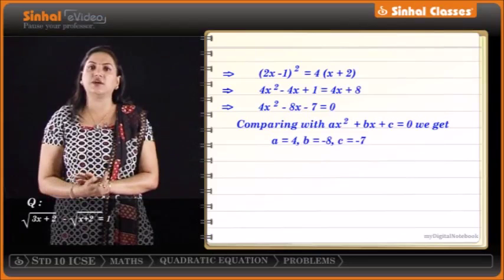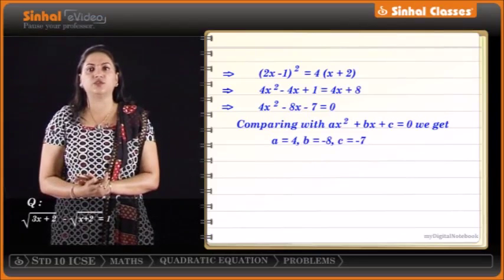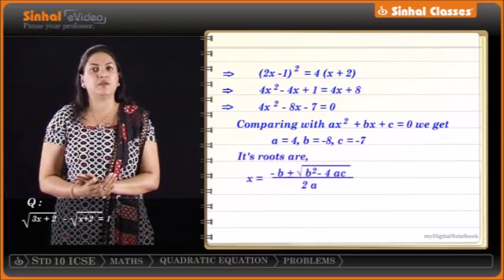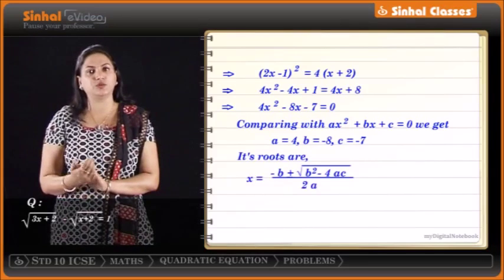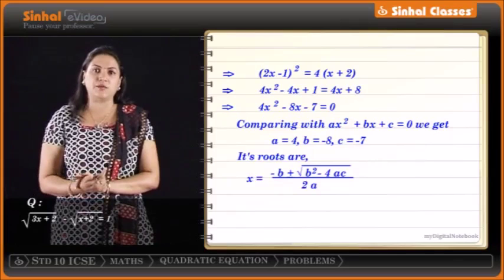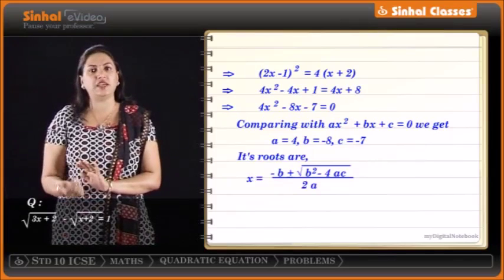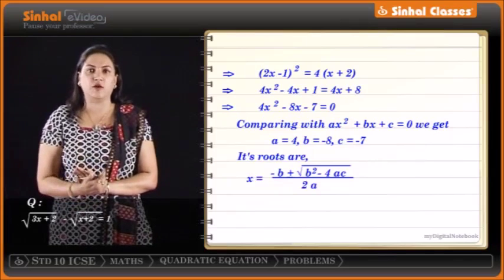Now the roots for the equation are x is equal to minus b plus or minus root b square minus 4ac upon 2a. We substitute the above values of a, b and c in this given formula.